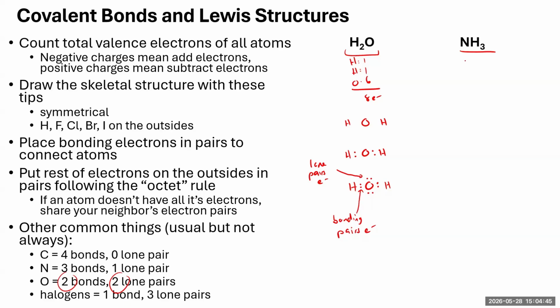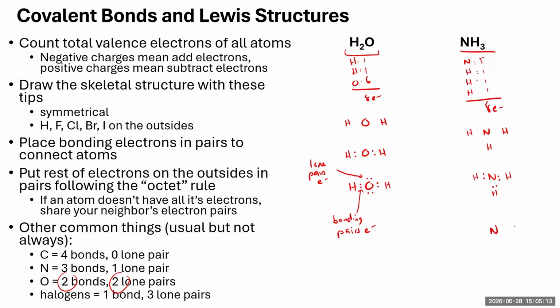All right, let's do NH3. Nitrogen has 5 valence electrons, plus 1, 1, and 1. We have 8 electrons total. The only way I know how to draw this symmetrically is N, H, H, and H. We're going to put the bonding electrons in, 2, 3, 4, 5, 6.